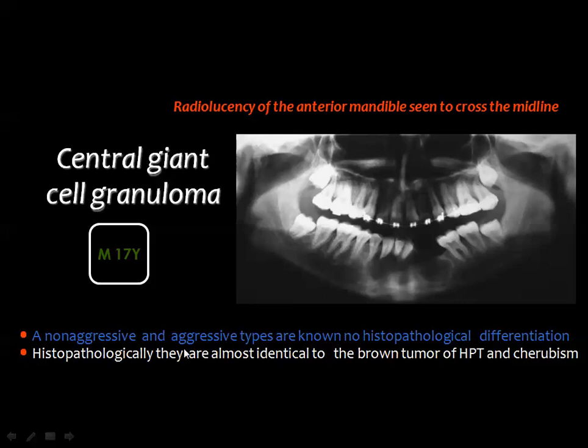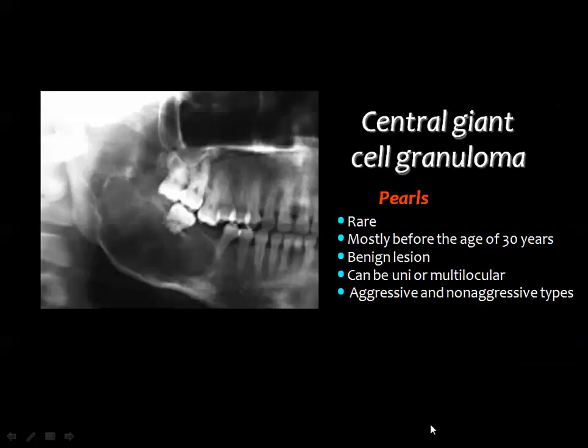And this lesion, if you have the histopathology, it may simulate the brown tumor of hyperparathyroidism, and also it may simulate the expanding lesion of the mandible, which is known as cherubism. Then about giant cell granuloma, this lesion is rare. This lesion occurs in young age and in the children. It is a benign lesion, can be unilocular or multilocular, can be aggressive and non-aggressive.